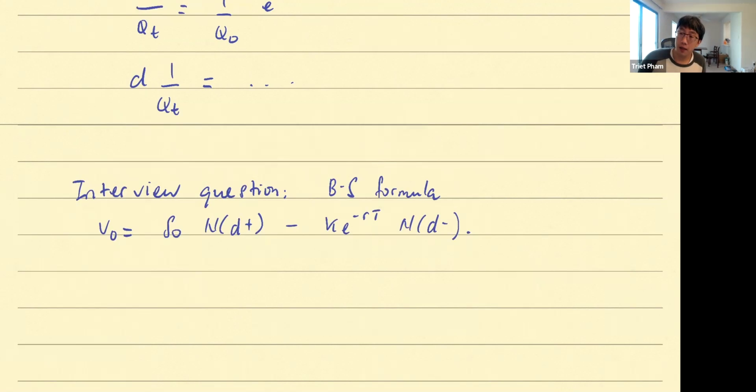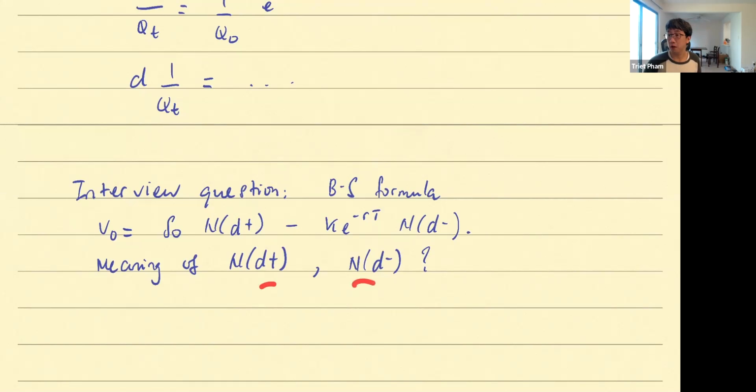And then the interviewer asks, okay, very good. Now tell me the meaning of N(d plus) and N(d minus). And that's where the real question begins. So do you remember what the answers are, or can you rededuce them?